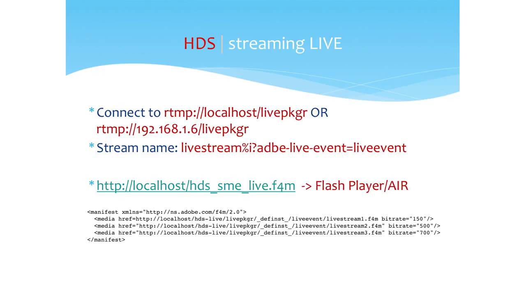And then we have to tag on ?adbe-live-event=liveevent. So we have to specify which live event we're broadcasting to. And then to access that, we go to this manifest here. And so here we have livestream1, 2, and 3, and we specify the bit rates there.